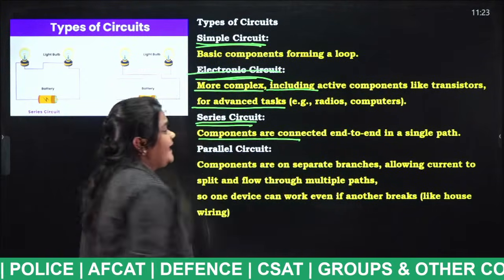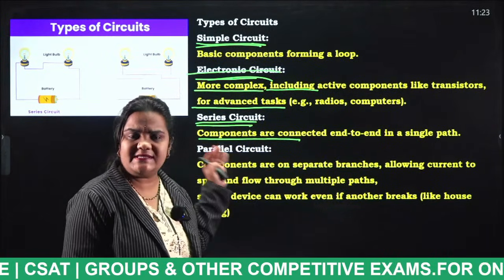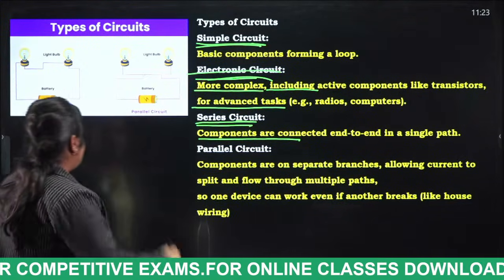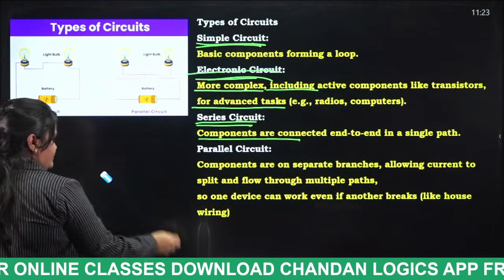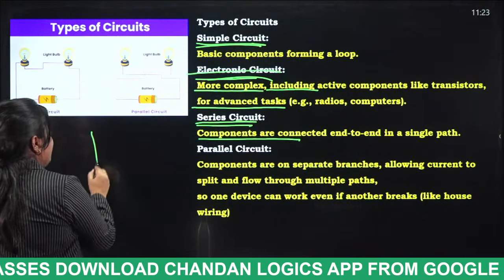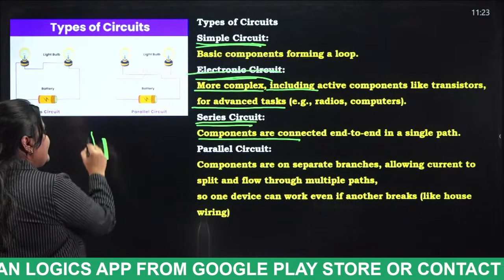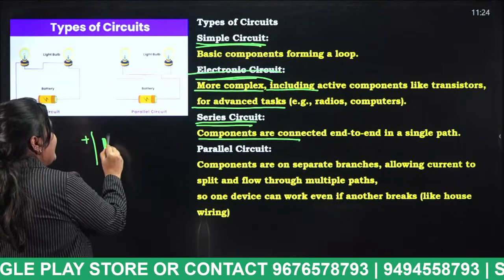Components are connected end to end in a single path. So we know very well about this series connection and parallel connection. For example, you all know this is a cell. The thing which is bigger and thinner is positive, and the thing which is smaller and thicker is negative.